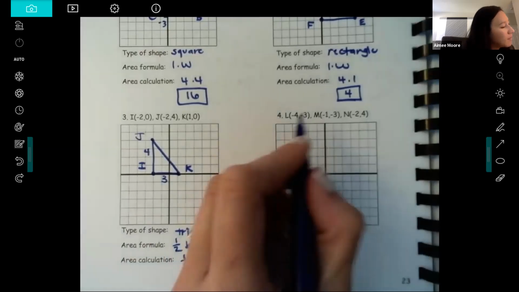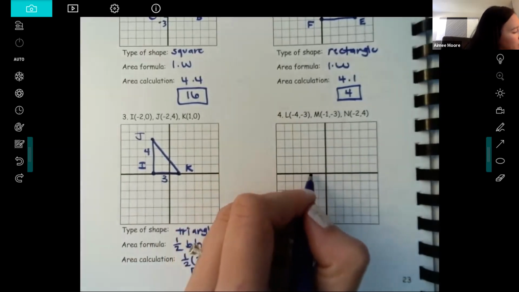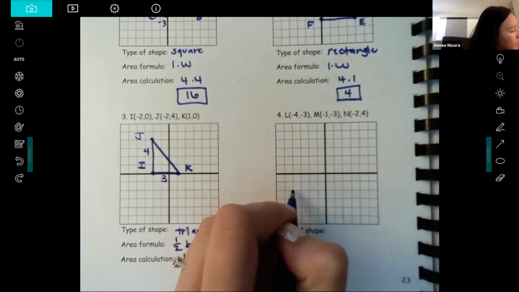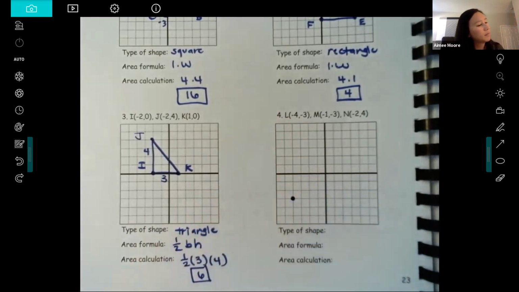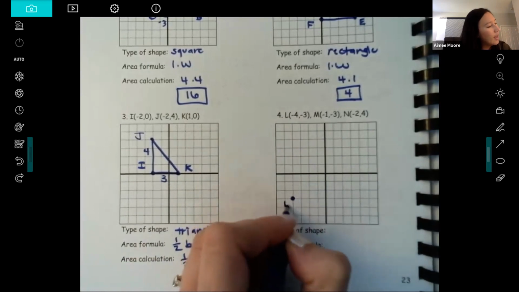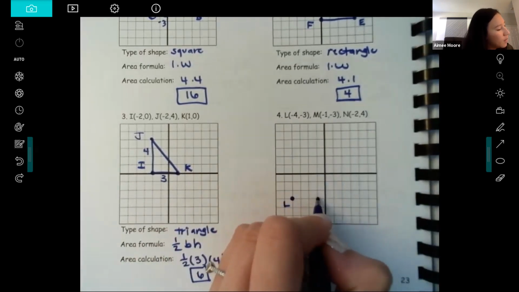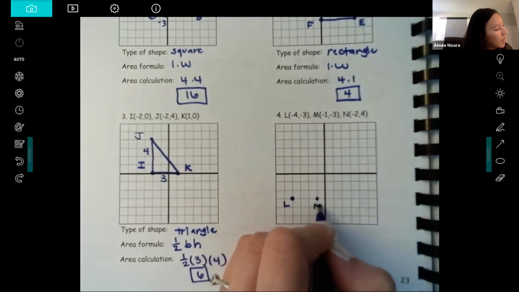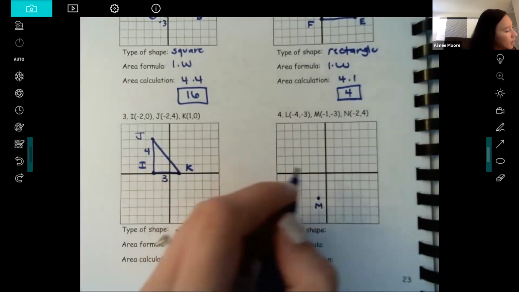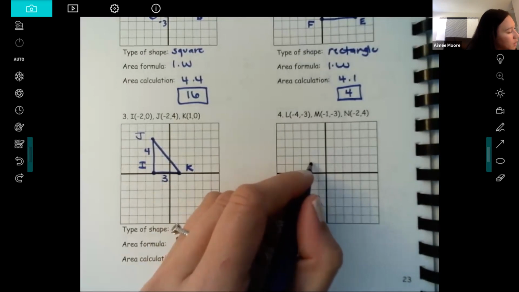Okay, number 4, we have -4, -3, 1, 2, 3, 4, and -3. That's L. M is -1, -3. That's M, and N is -2 and 4.